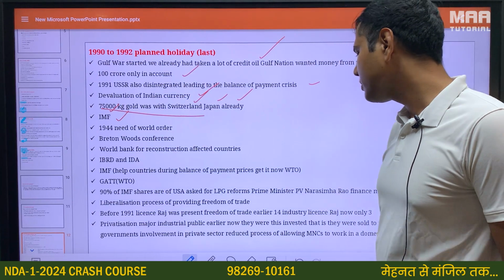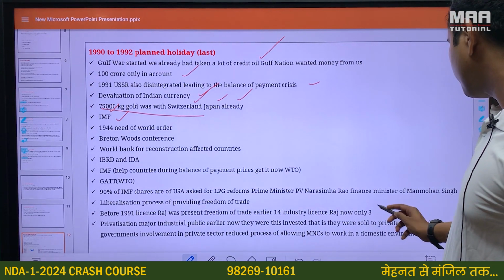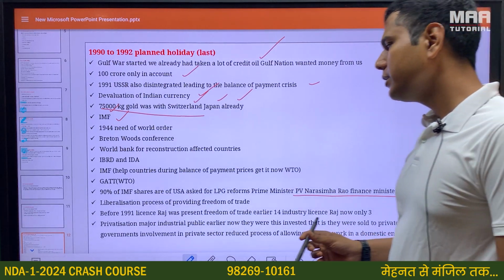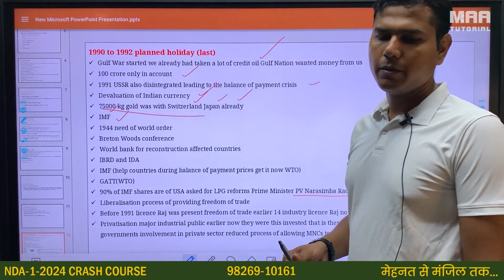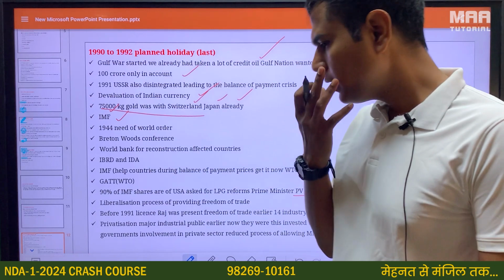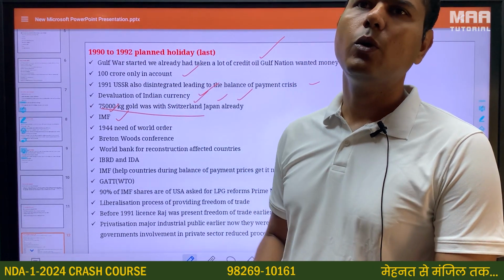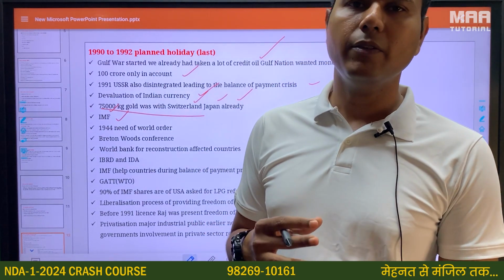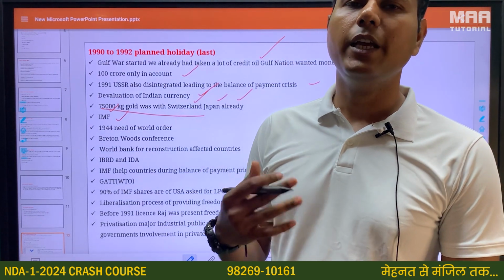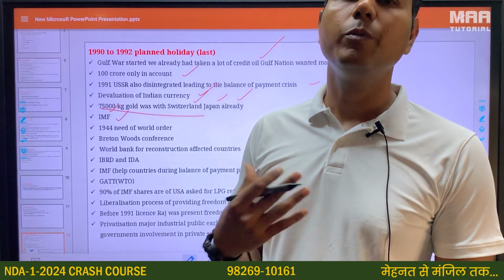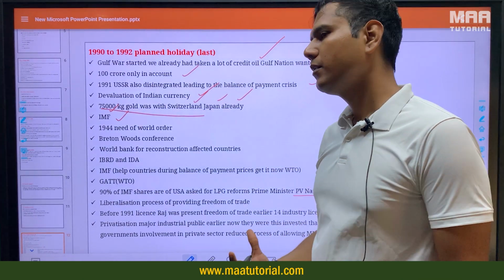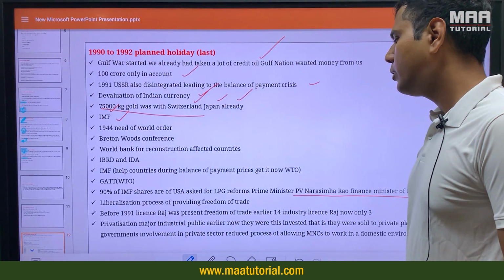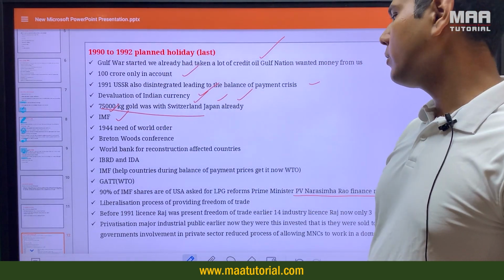So then Prime Minister Sri Narasimha Rao ji, under the leadership of then Finance Minister Manmohan Singh ji, introduced liberalization, privatization, and globalization. He realized that if we want to avoid this problem of BOP crisis, balance of payment crisis, we need to undertake some effective measures that would make us an economy which performs as per the norms and also serves the people of the nation.